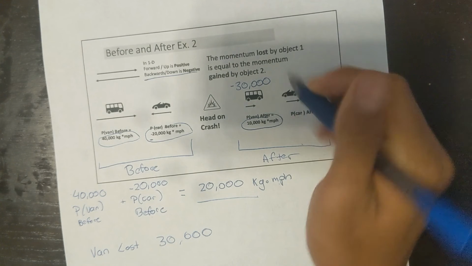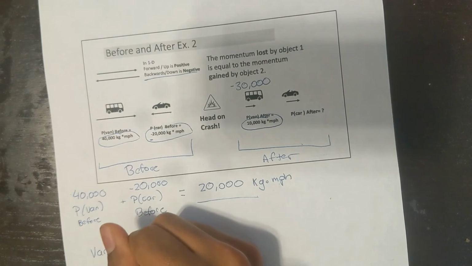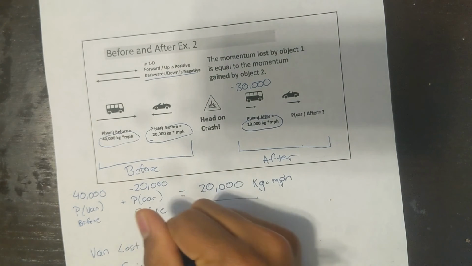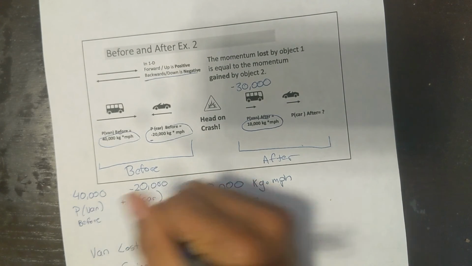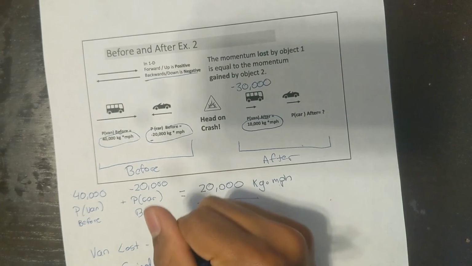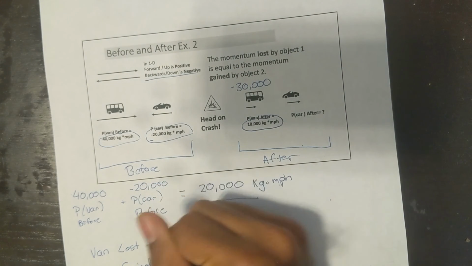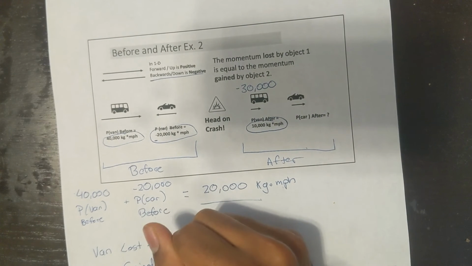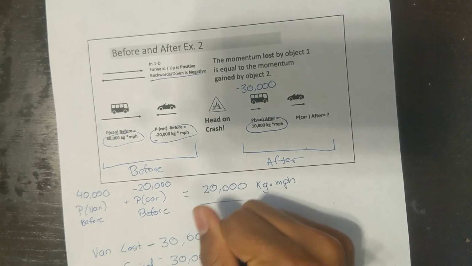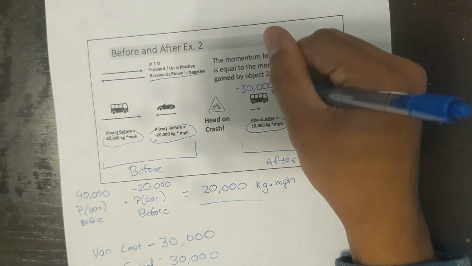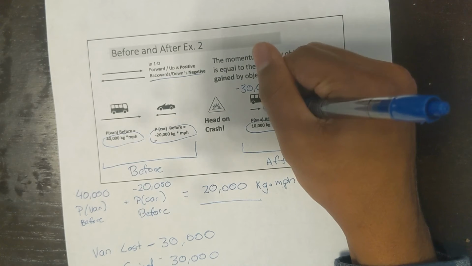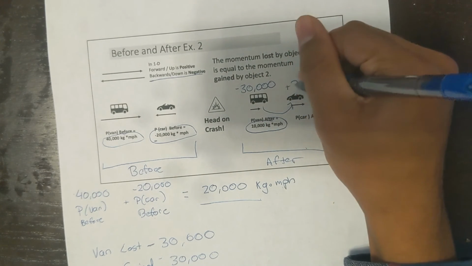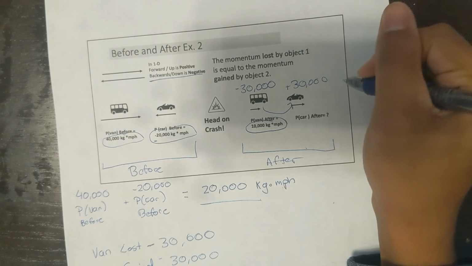So if the van lost it, that means the car gained it, that same 30,000. Whatever went from the van is now in the car.